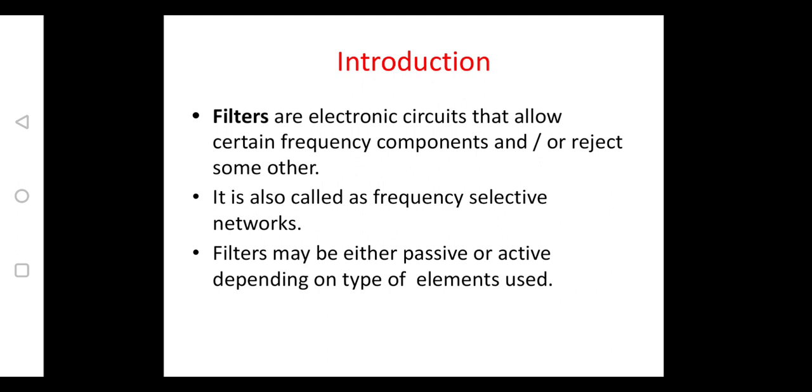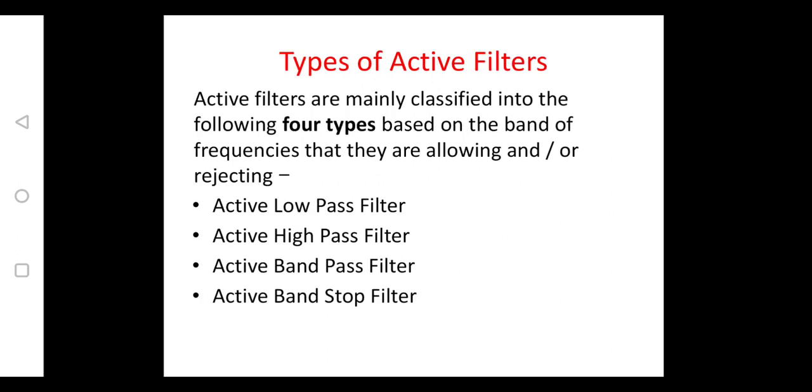In order to avoid that limitation of frequency, we'll be using active filters, and active filters will give more stable output than that of passive filters. So let us discuss the active filters classification.